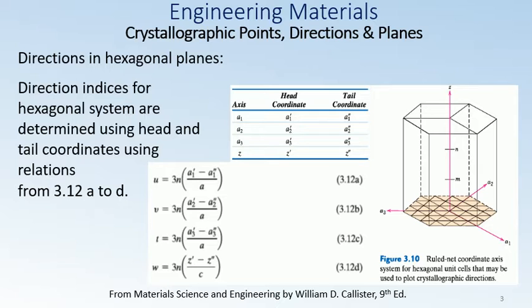You determined these direction coordinates with the help of vectors, taking their initial positions along the x, y and z axes and their final positions along the x, y and z axes if all three axes are involved, and then you subtract the tail coordinates from the head, the end point minus the starting point, and then you reduce to integers to get the direction coordinates for cubic systems.